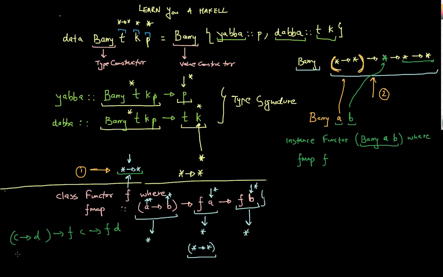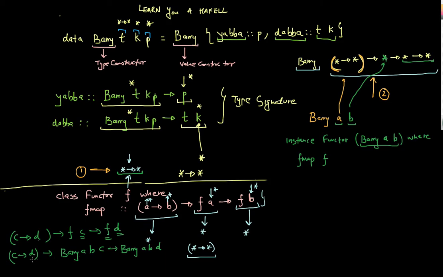as part of my type constructor Barry. So if I were to rewrite the type signature again using the type constructor Barry, C to D is going to remain as it is, but in place of f, I'm going to rewrite Barry of AB, followed by that C there, followed by f again replaced with Barry of AB, followed by that D there.